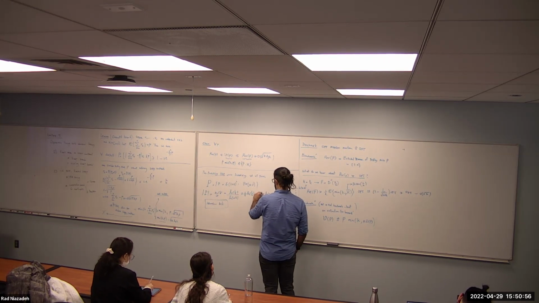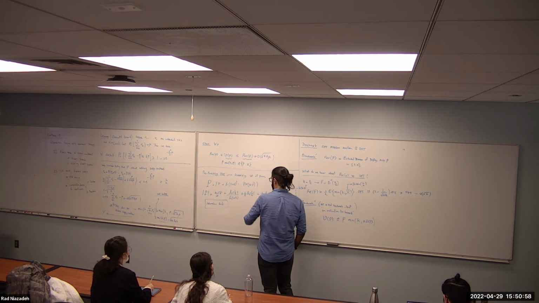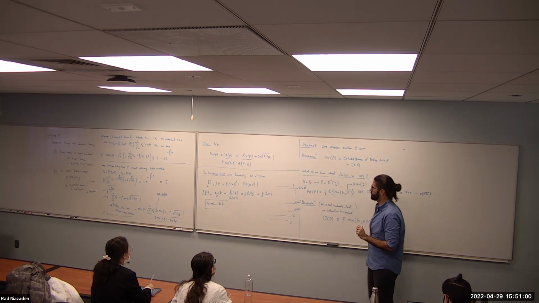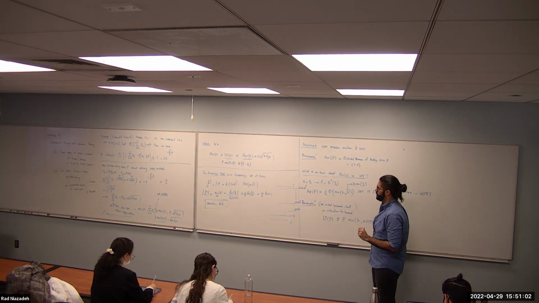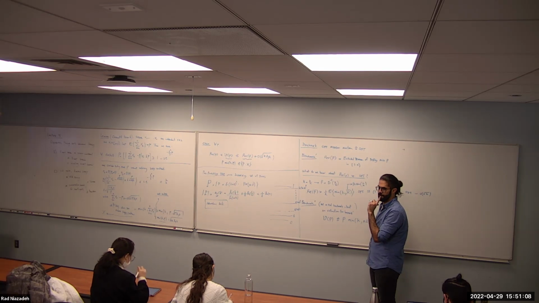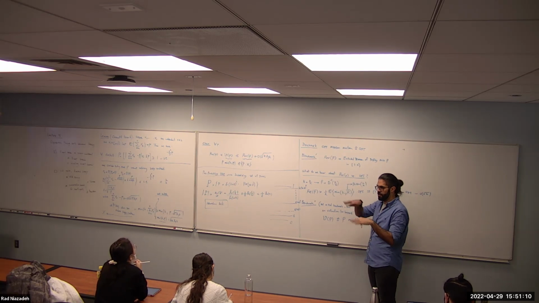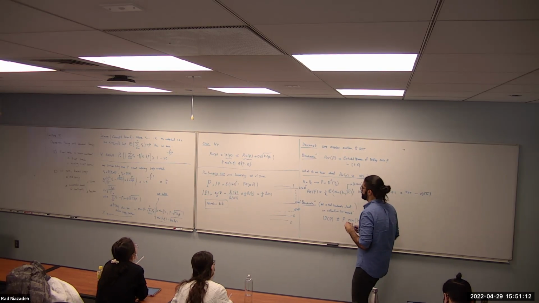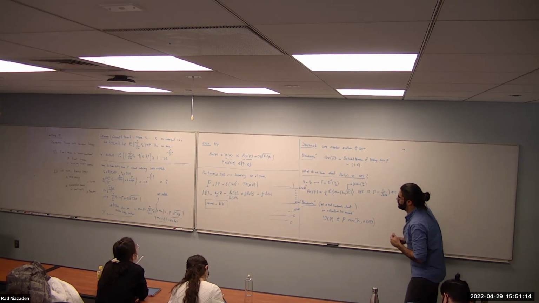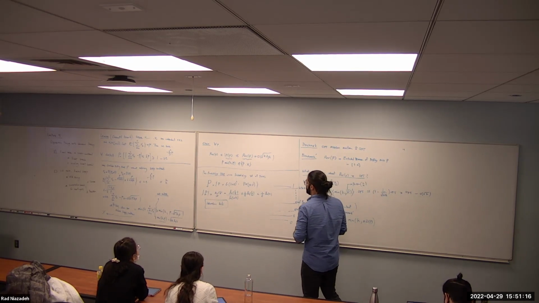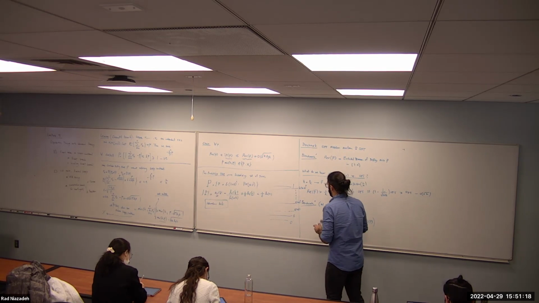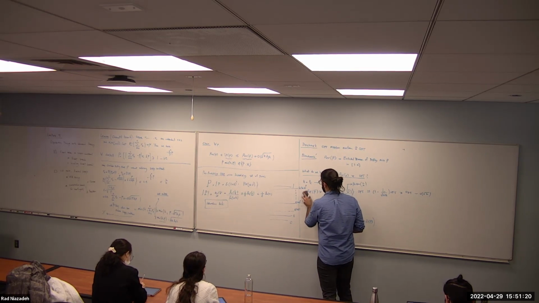I still keep this 1 over delta because I haven't told you what 1 over delta is going to be, but whatever it is, it's going to be at most n. It might be smaller, but it's going to be at most n. All right. So keep that in mind. Let's try to design an algorithm.